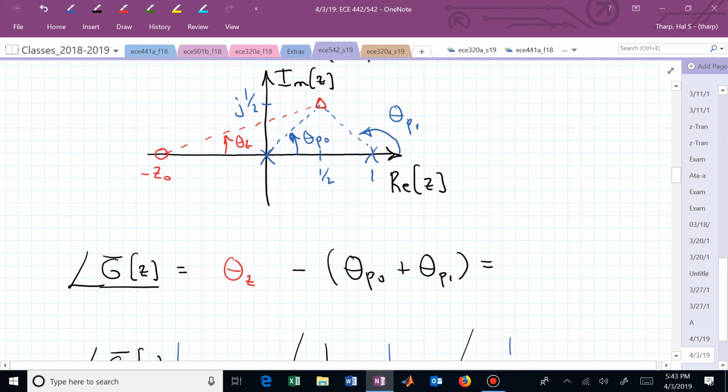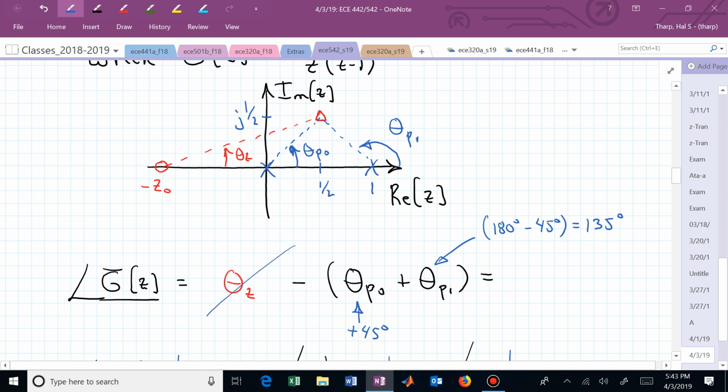We just calculated, or tried to say that these angles corresponded to 45, and this one was 180 degrees minus 45, or 135 degrees.